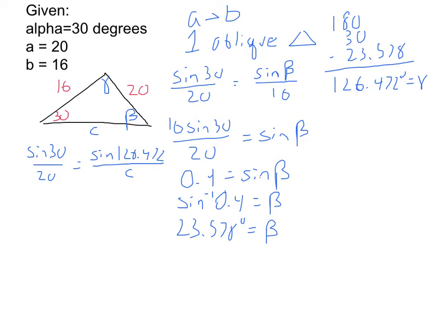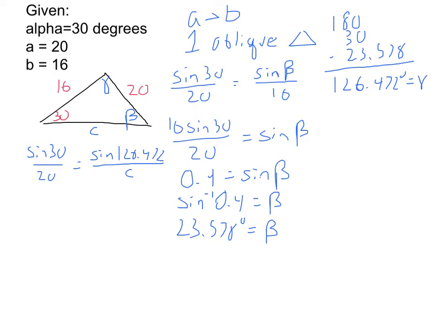Anytime you do law of sines, you should always just double check. Wait, am I using side-side angle here? I might be introducing a second triangle, but I'm not because I'm using angle, angle, side. So I know I'm good. So always just double check, are you using side-side angle? Because sometimes people are not careful and you end up using a side-side angle when you don't need to.